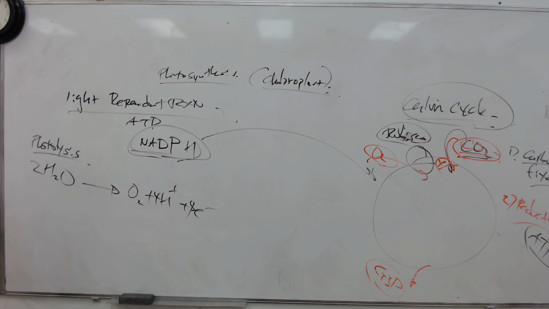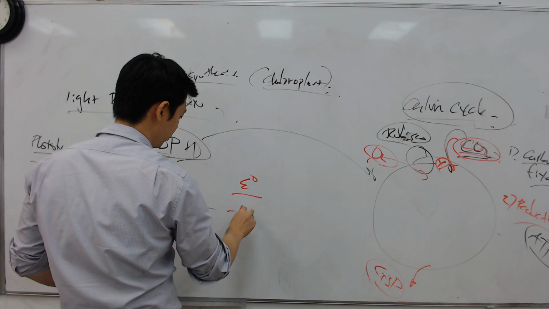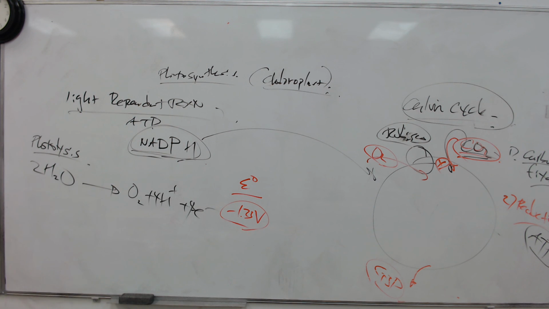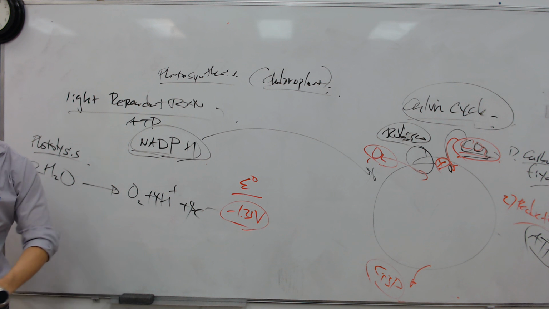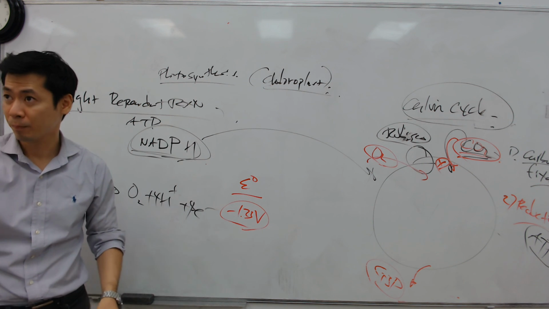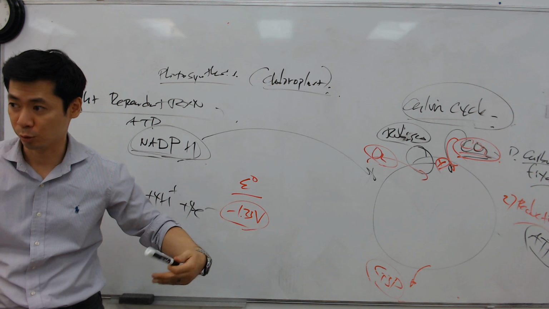It will have a negative voltage, an EMF of negative value, negative 1.23 volts if I recall correctly. I can look it up, but what does it mean, guys? It will not occur by itself. If you have water, does it automatically convert by itself into O2 gas and H plus and electron? It doesn't happen, guys.